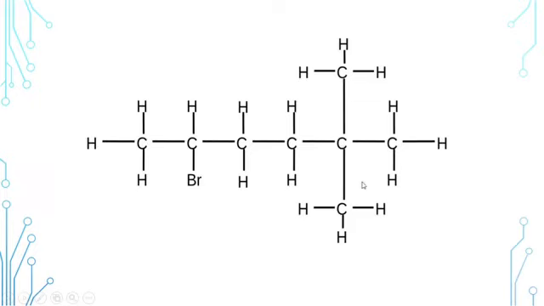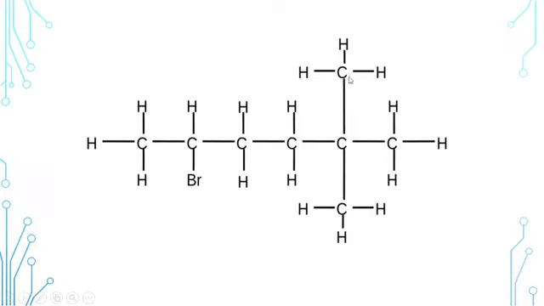Now we have to decide where do we start numbering. Is it from the side with the halogen or the side with the alkyl groups? With that rule, we know it is the side with the alkyl group. So that means numbering it's 1, 2, 3, 4, 5, 6, right?